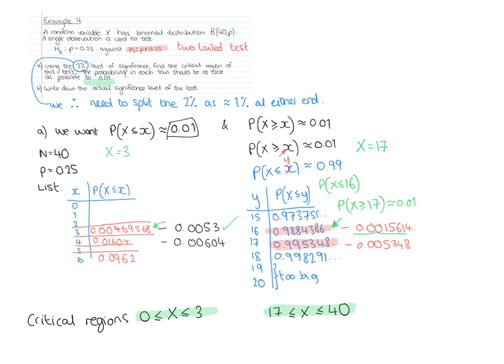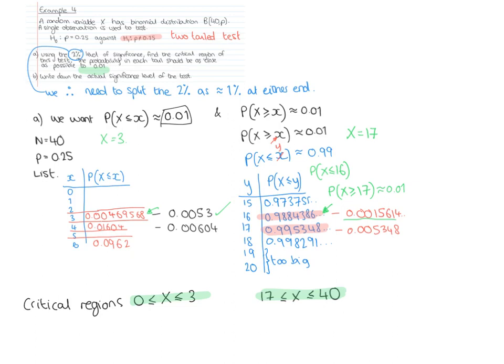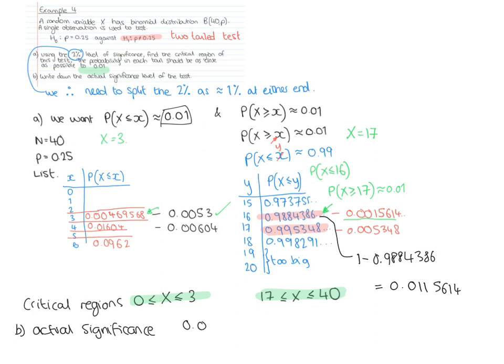The actual significance, we need to work out the significance in this one by doing 1 minus 0.988436, which gives us 0.01156114.